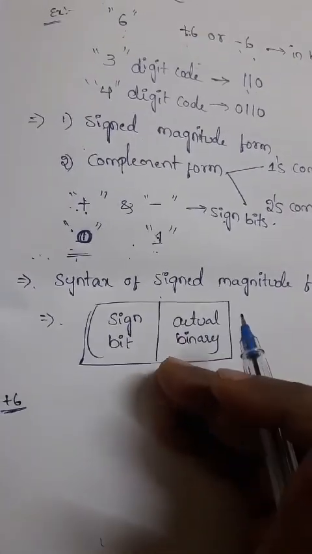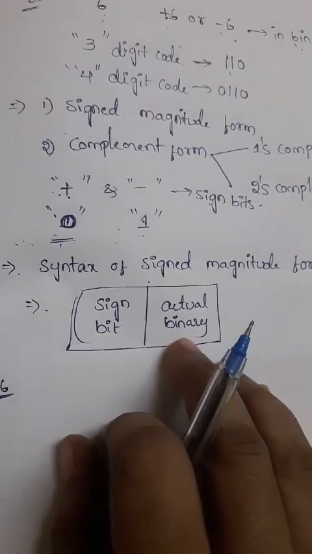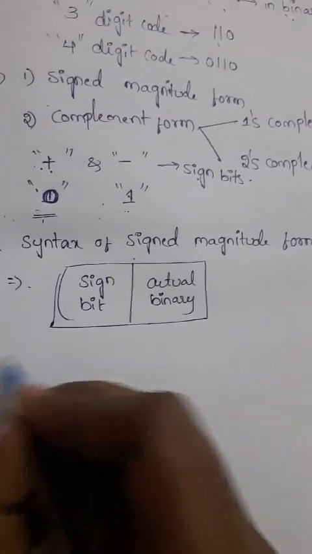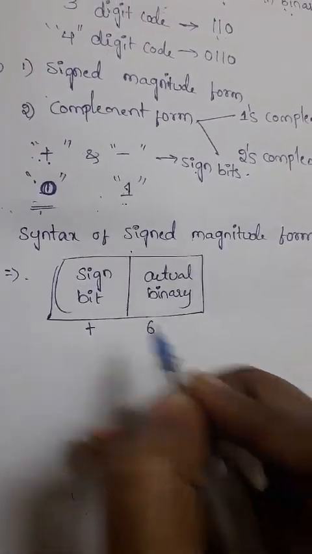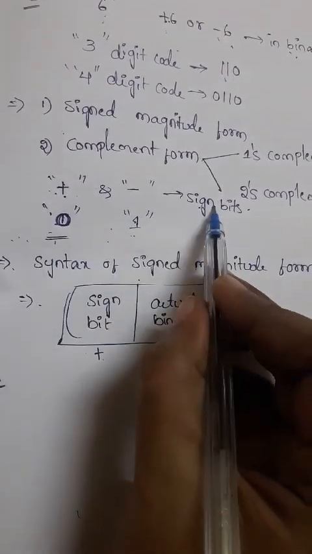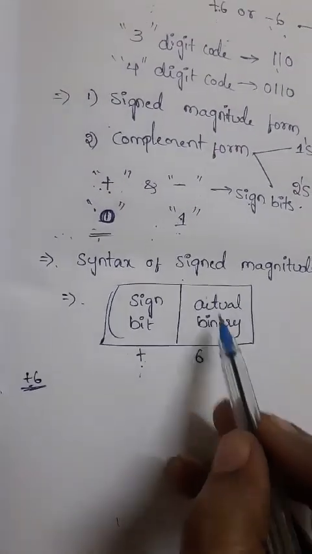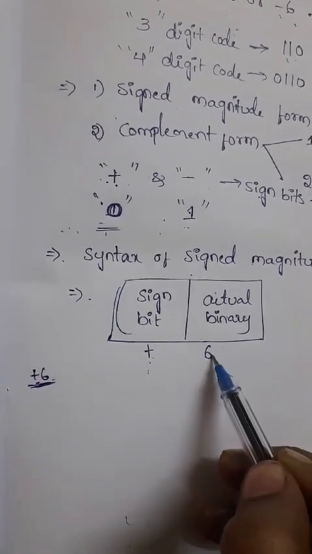What is the process? We are going to represent it in the syntax. Plus and minus we call the sign bits, so in the sign bit I place the plus, and the actual binary is the binary of the number that is present here.